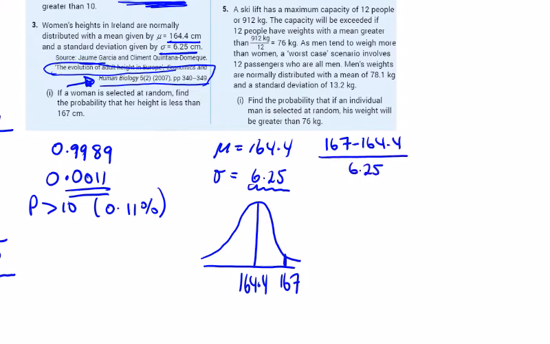So that is going to leave 2.6 over 6.25, 0.416. That is my z-score.